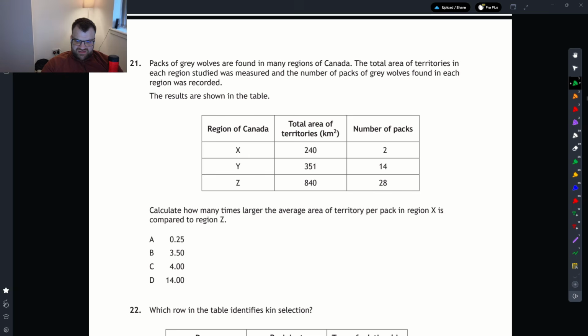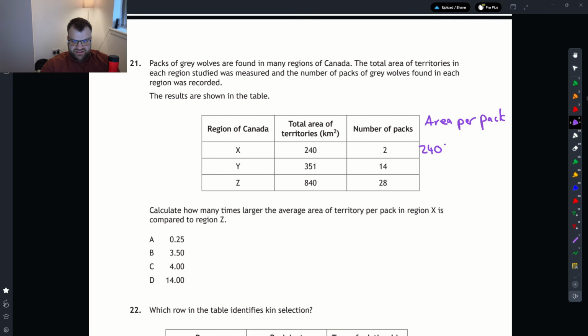How many times larger is the average area per pack in region X compared to region Z? Okay, we have total areas, we have number of packs, so we are looking for area per pack. So we have to do the area divided by the number of packs.